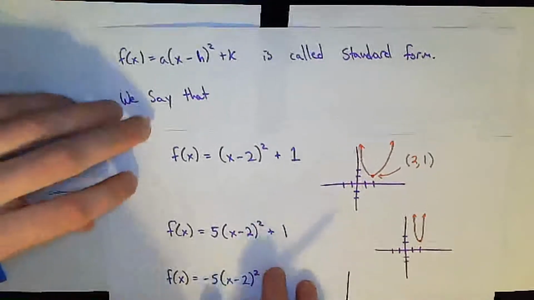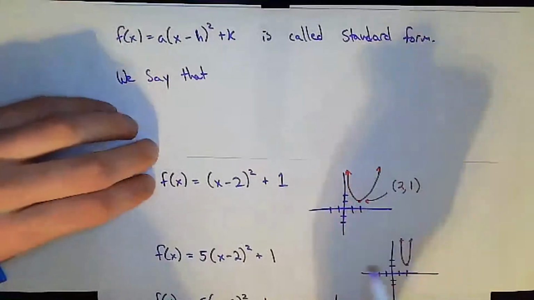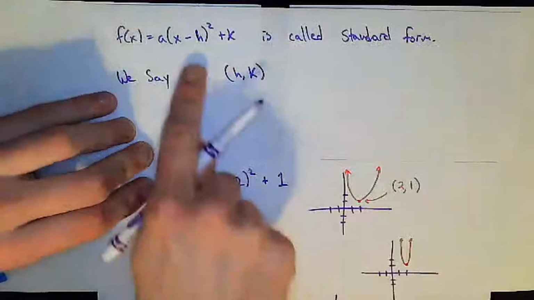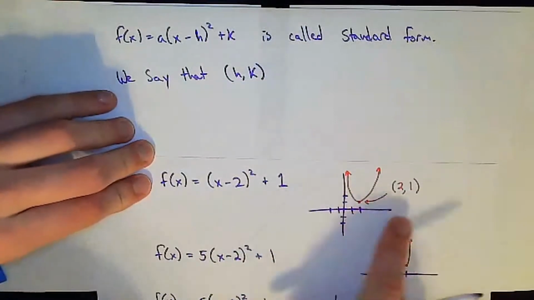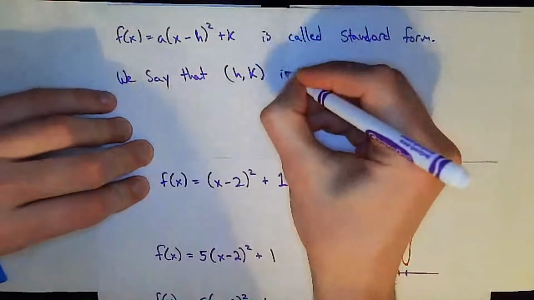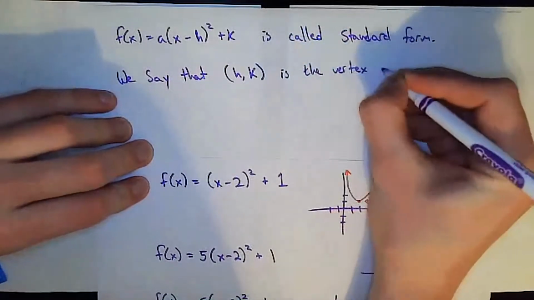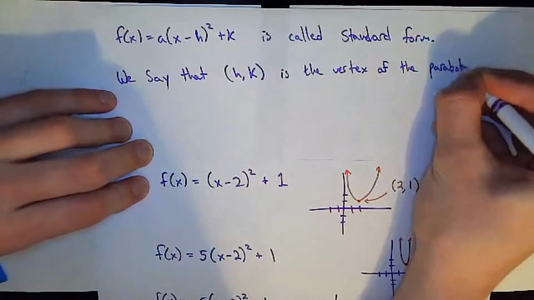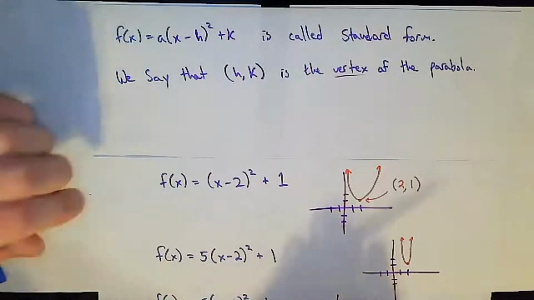Now I'm going to give it a better name, because starting point's really not a great name. We say that that coordinate point h, k, see how that lines up with 2, 1 here, h, k is the vertex of the parabola.